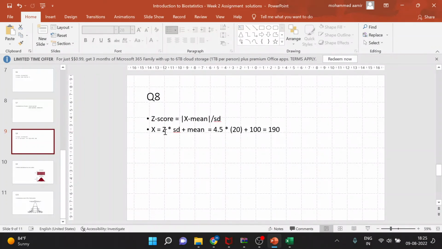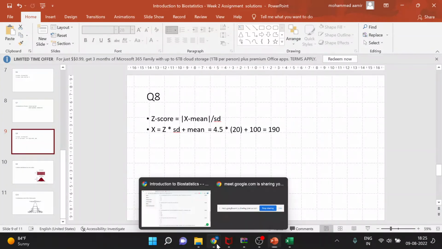So x is nothing but, if you rearrange the terms, z times standard deviation plus the mean. So it's 4.5 times 20. 20 is the standard deviation, so that's 90, and the mean is 100. So the value is 190. You just need to rearrange the terms. That's it. Okay, sir. Thank you. Okay, great. Thanks. Welcome. Anyone else?